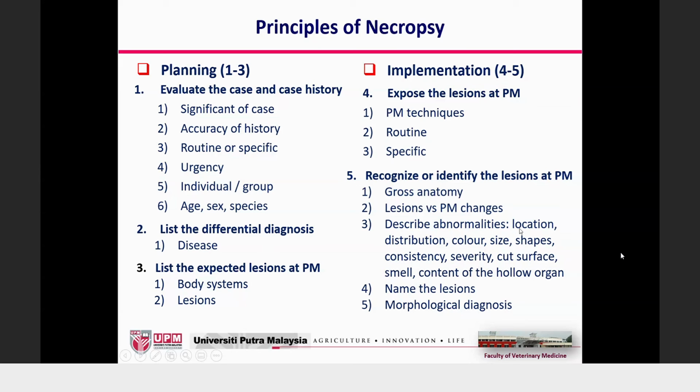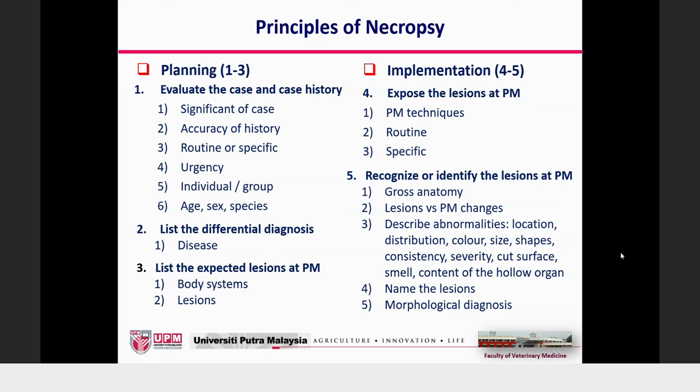It's based on location, distribution, color, size, shape, consistency, severity, cut surface, smell, and content of the hollow organ. This is what I call gross lesion. You should name the lesion, and finally, you must be able to put your morphological diagnosis.